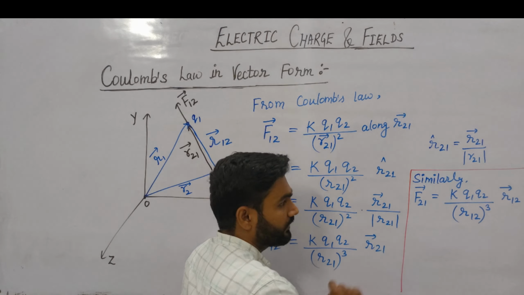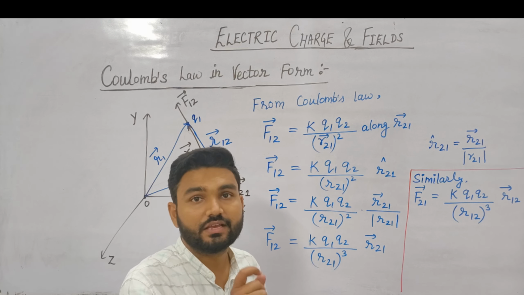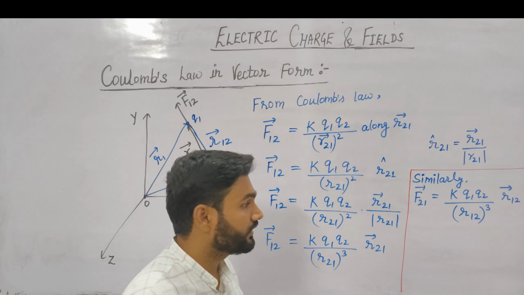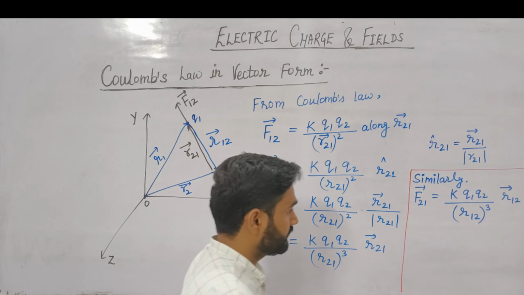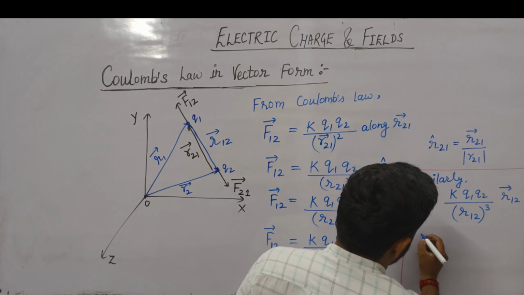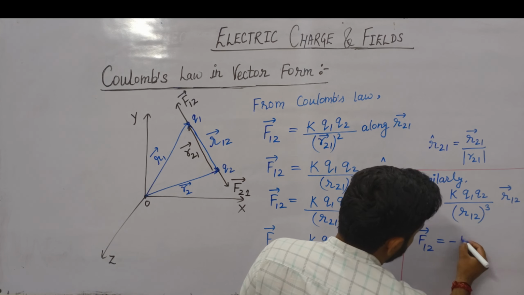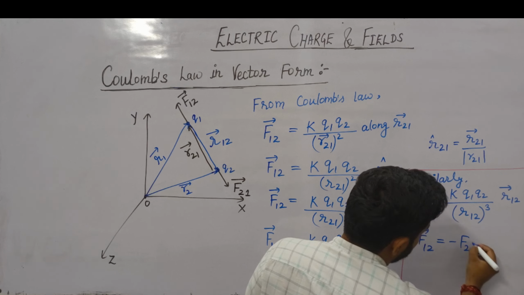From both the formulas we can write a conclusion. Here we can see that F12 vector is equal to minus of F21 vector.